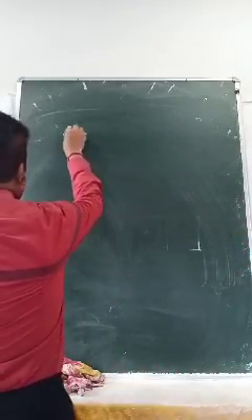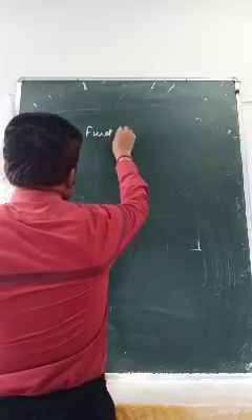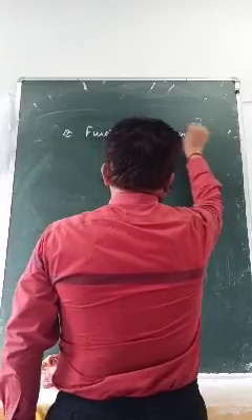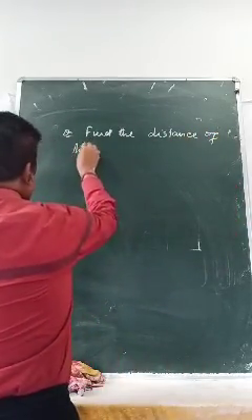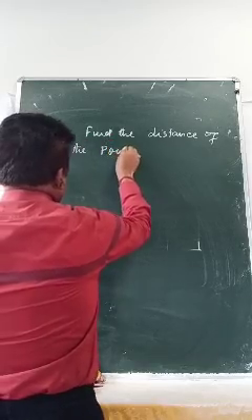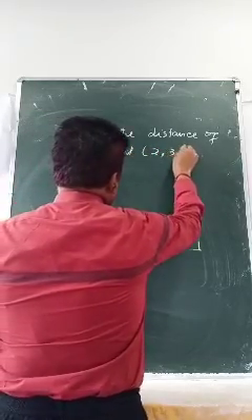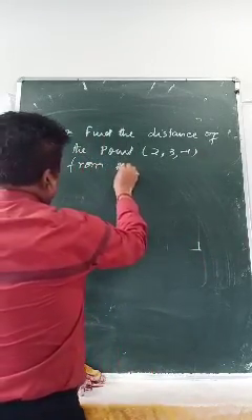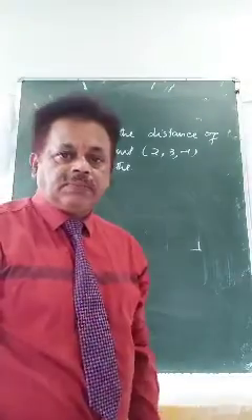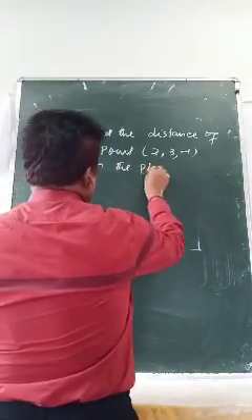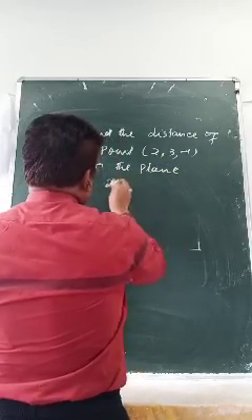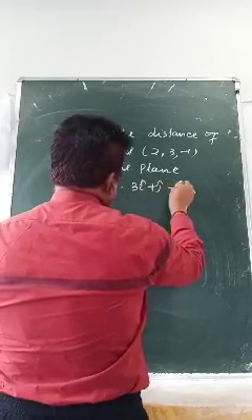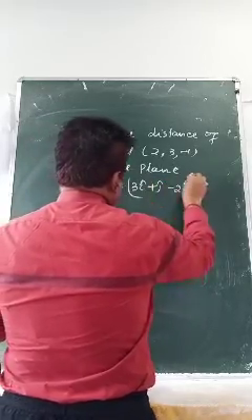Suppose you have a question: find the distance of the point (2, 3, -1) from the plane r dot (3i + j - 2k) equals 5.